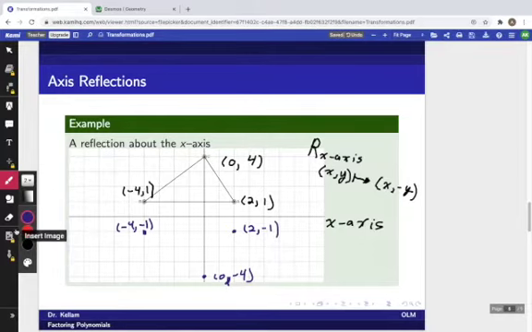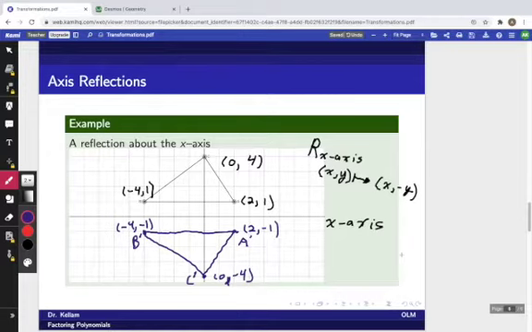And now I'm going to label those with letters as well, so that we get used to the notation for the letters. The image is always going to be the same letter as our original point, but with a prime marker on it, and B prime. Okay, so this means that our shape, as you can see, reflected about my x-axis.